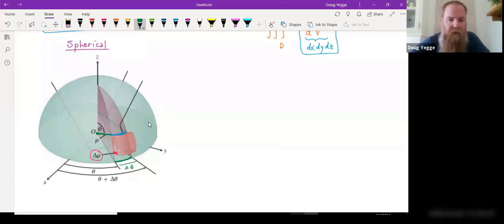So I'd like to take a look at what the length of this blue piece is right here. One thing to recognize is that it is an arc length, because I see that it's the outside edge of that little sector. And so we've just got to determine what is this length right here. Well, that right there is nothing more than just the r value in the xy plane.